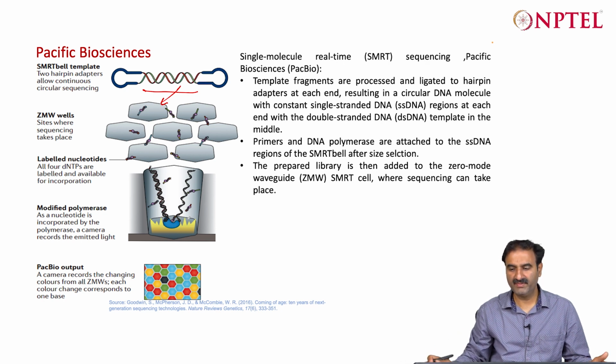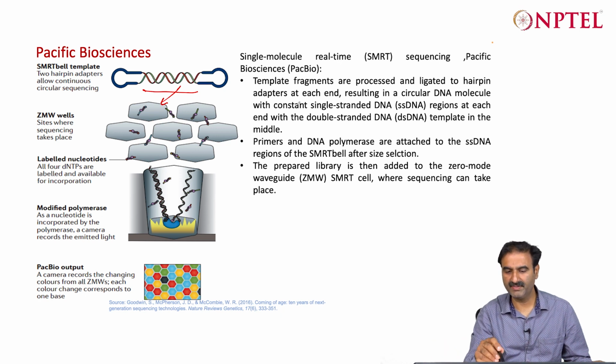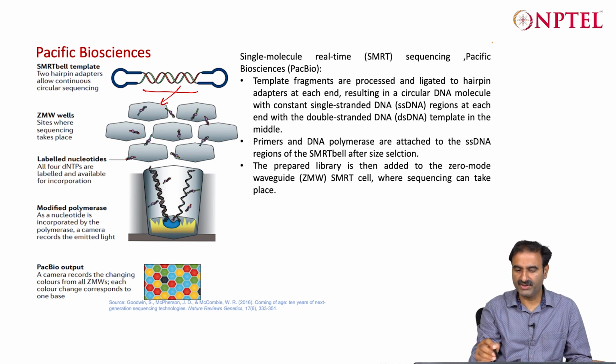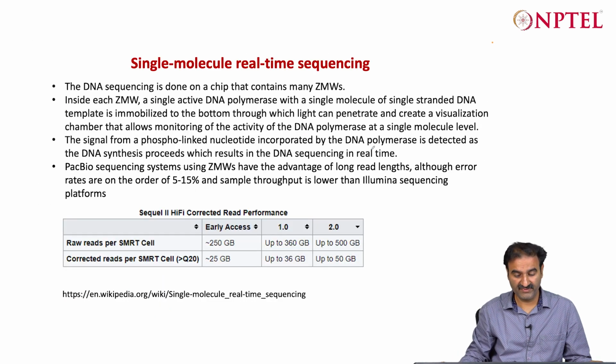Basically, the template fragments are processed and ligated to a hairpin structure. For this single stranded molecule, the polymerase moves across the molecule, and with the help of a primer, the DNA polymerase can sequence it. It generates very long sequencing reads.